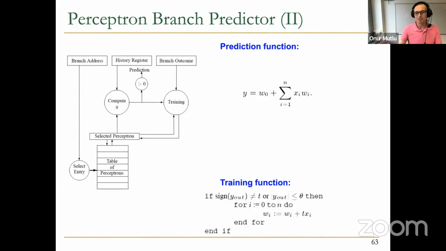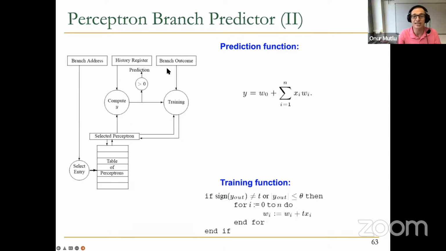Okay, so basically this is what it looks like in the system. You have the branch address. You select a single perceptron. Whenever you're fetching from that address, the selected perceptron is essentially your weight vector, and you compute Y. You basically multiply that weight vector with the history register, and that gives you the prediction. And based on the prediction you made, you do some training as well.